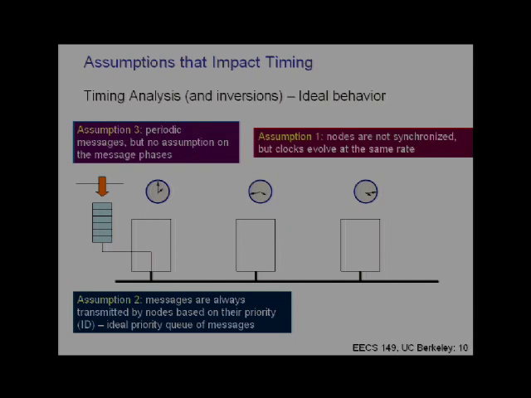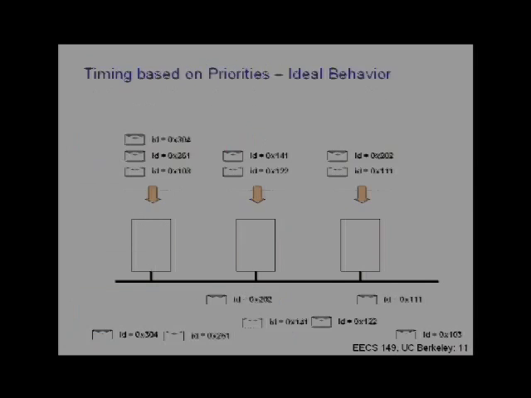So let's look at the ideal way in which the scheme will work. You have 3 ECUs on the bus, and let's say each of them has a queue like this. ECU1 has 3 messages, and you can see that the priority of this message is going to be higher than that one because this has more leading 0 bits than this.